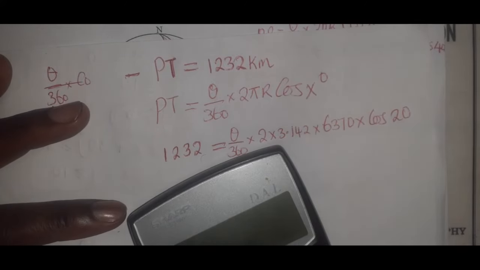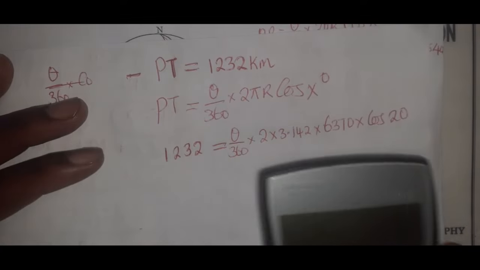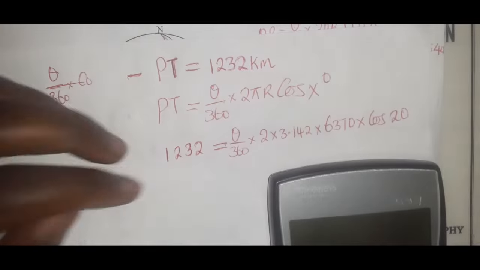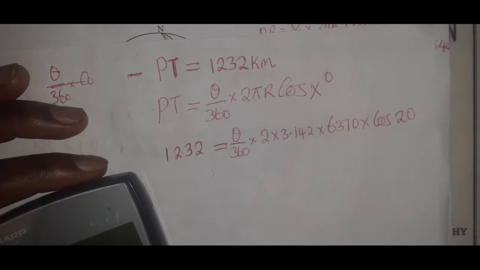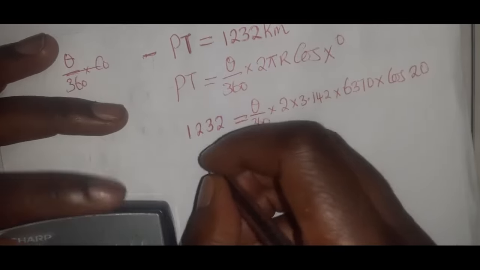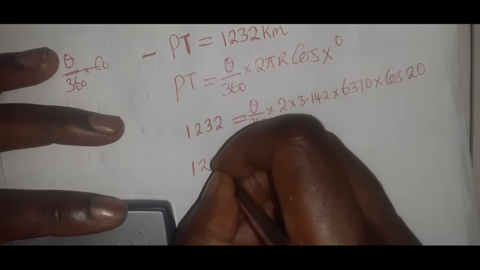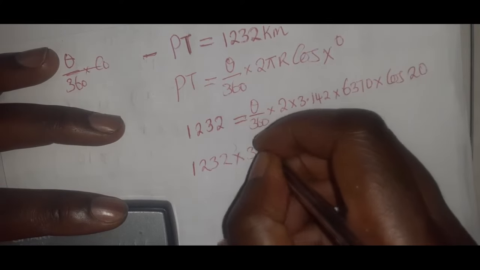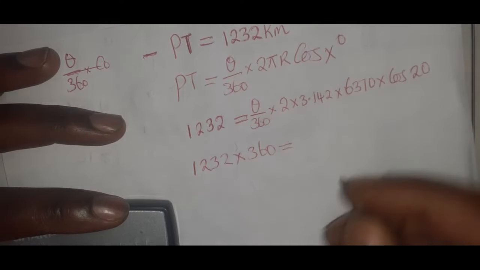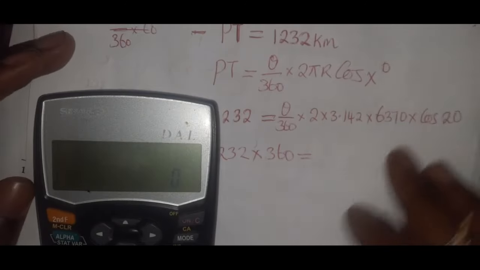First of all, it's even easier. Here we can say 1232, we cross multiply with 360. Then this side, we work out everything here.